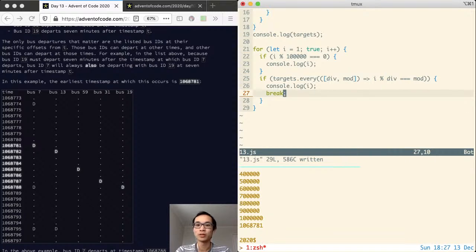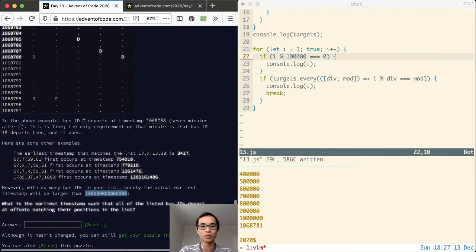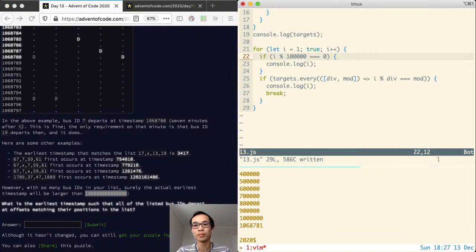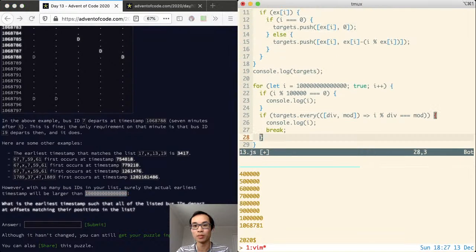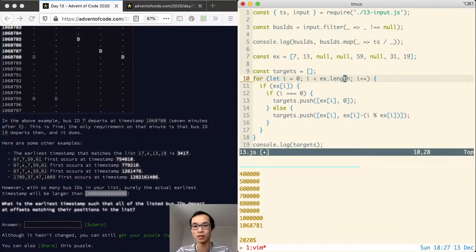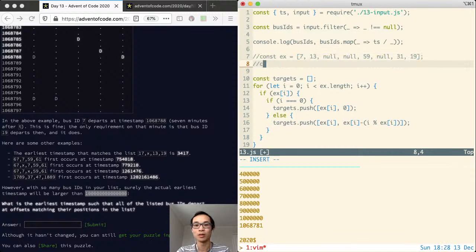Do I trust doing this? So it said the answer was surely at least this number. So we can try that. Whoops. Instead of using x here, we're gonna say x equals input.